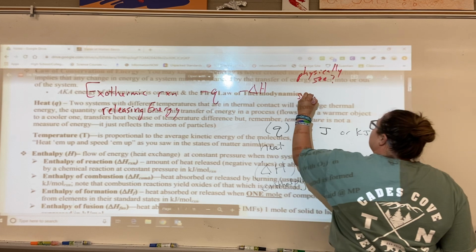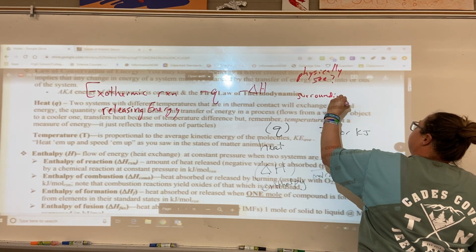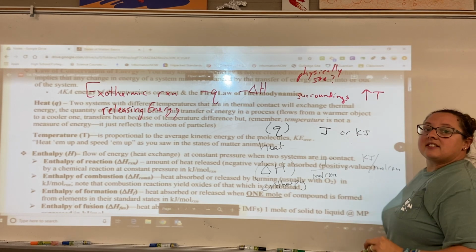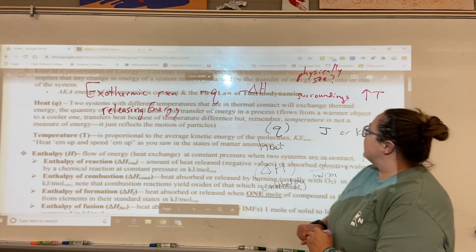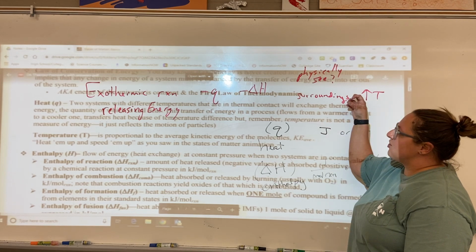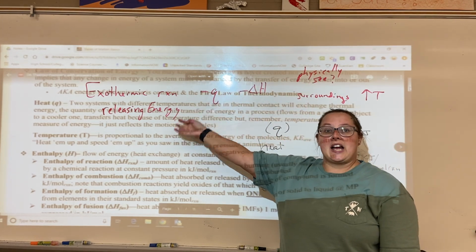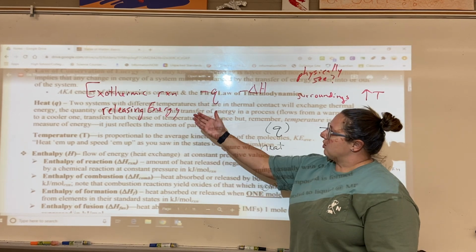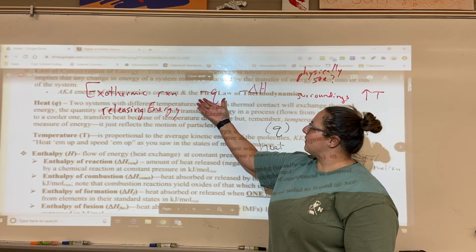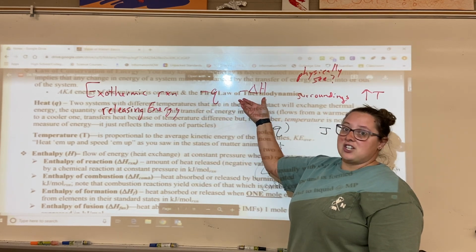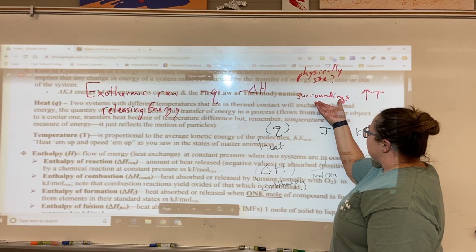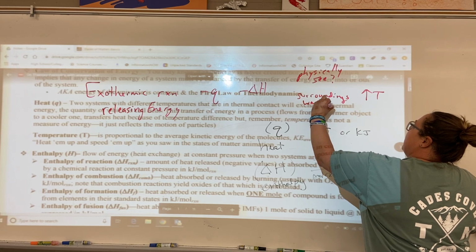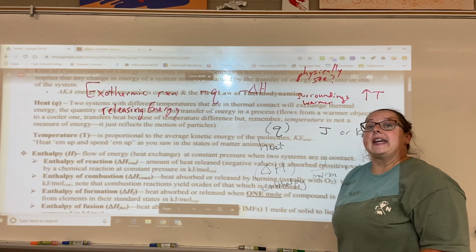Your surroundings is going to get warmer. So if they get warmer, they are going to increase the temperature. And so it's always the surroundings that we are measuring whenever we have our reactions and have to indicate whether or not they're endo or exothermic. So exothermic: releasing energy, negative Q quantity, negative delta H quantity. And what do we physically see? Those surroundings will get warmer, and therefore the temperature reading that I get will increase.